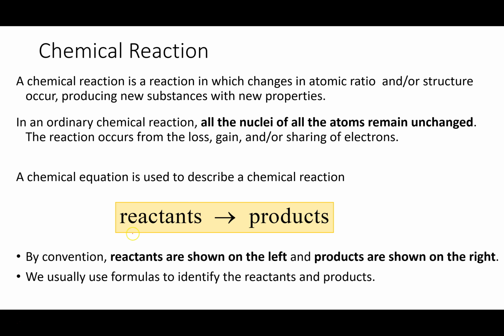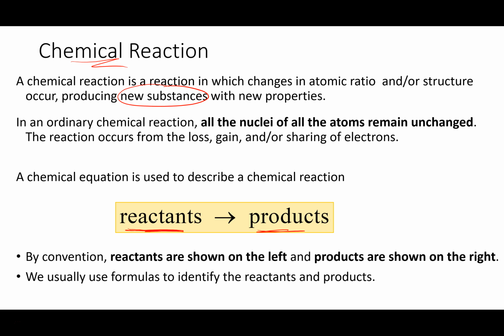All right, chemical reactions. We said we use chemical equations to represent chemical reactions, and we put reactants on the left side and products on the right side. We know that a chemical reaction has occurred if new substances are formed.